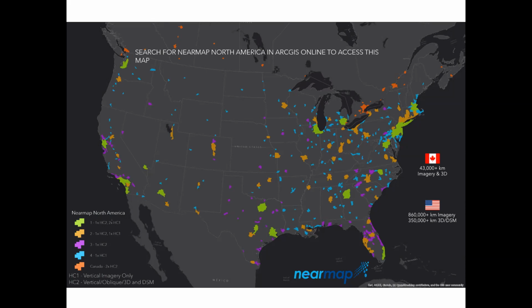Twice with our vertical-only camera, which produces a 2.8 inch GSD image, and once with our latest camera system, which we call HyperCamera 2, and it produces a vertical and oblique 2.2 inch resolution image.